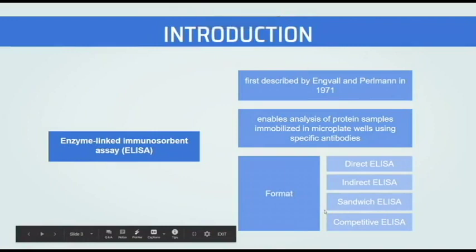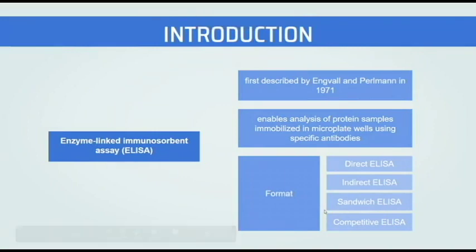Enzyme-linked immunosorbent assay (ELISA) is a commonly used analytical biochemistry assay that was first described by Engvall and Perlmann in 1971. It enables analysis of protein samples immobilized in microplate wells using specific antibodies.